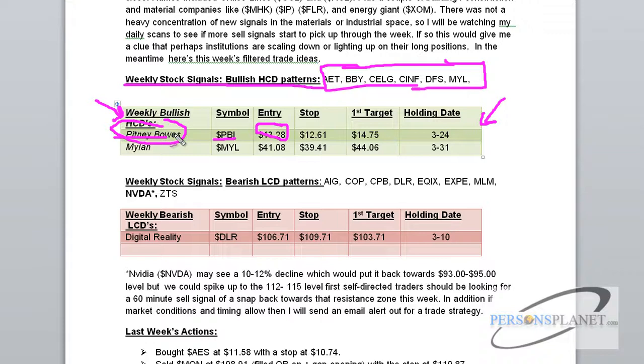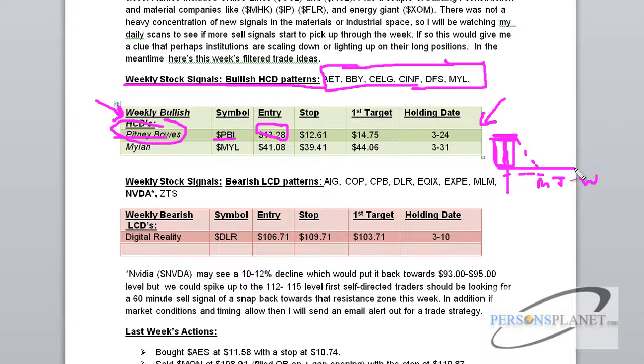But if these are filtered trades that we're looking for a high probability setup, for example, if Friday the market closed at a specific level, like, so this is a bad candlestick example, but let's say this is a candlestick pattern, right? And the market closed here, and I'm looking for the market to maybe pull back a little bit, and I want to see on Monday morning, or maybe it's Monday, maybe it's Tuesday, maybe it's Wednesday.